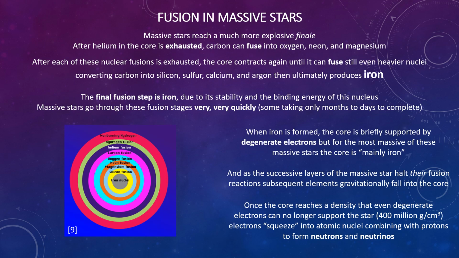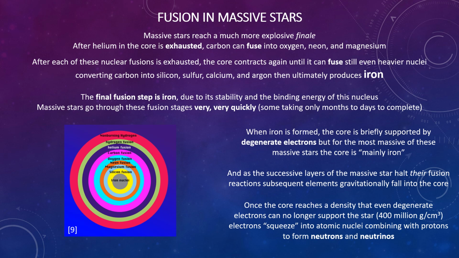Fusion in massive stars is very different than fusion in lower mass stars. So we can see in this diagram on the lower left, this is what we call onion fusion. Because it's got so many layers, just like ogres. This diagram shows us that at different radii in this massive star, it has the necessary densities and temperatures for different types of fusion.